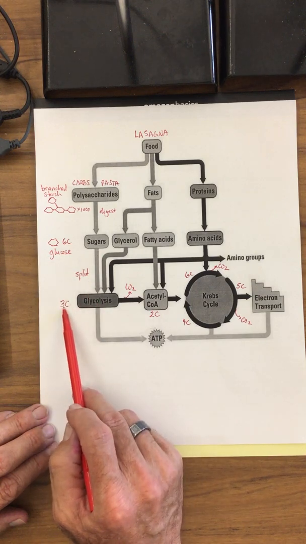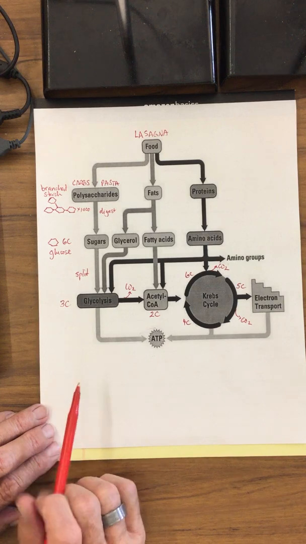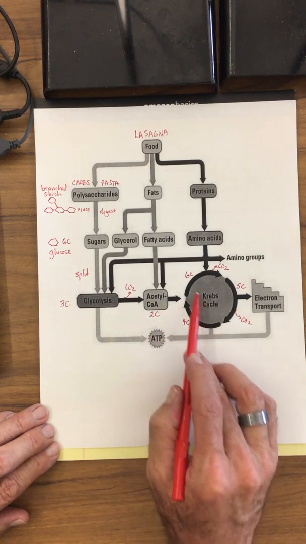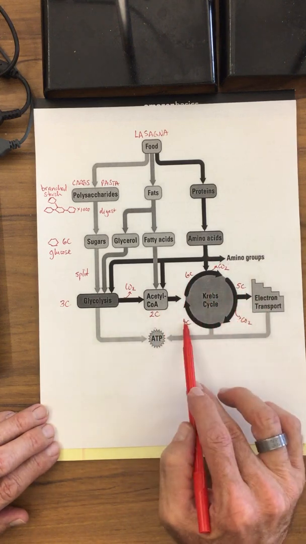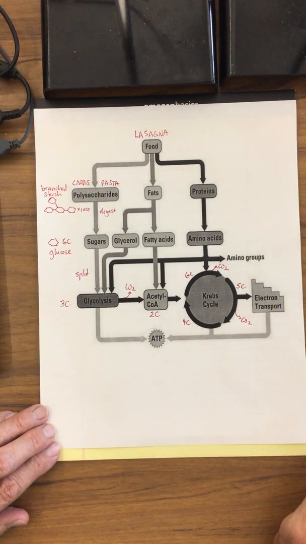They're then split into 3 carbons. We release lots of carbon dioxide from this, which we breathe off. A 2-carbon enters the Krebs cycle, and then 2 plus 4 is 6. We release a 5-carbon, then a 4-carbon. All the while it produces energy, which goes into what's called the electron transport, which we are not going to be looking at today, to produce ATP.